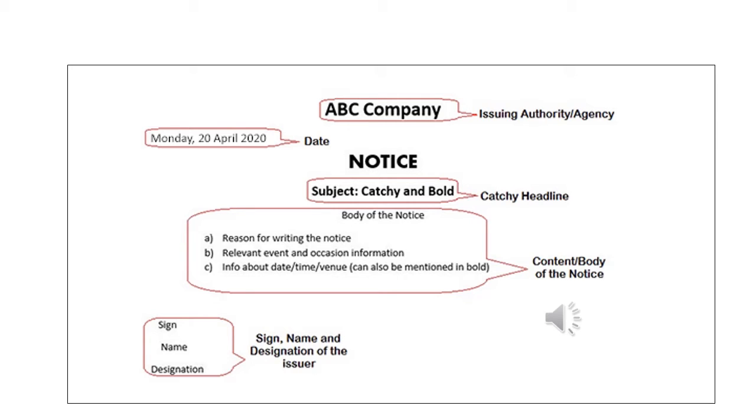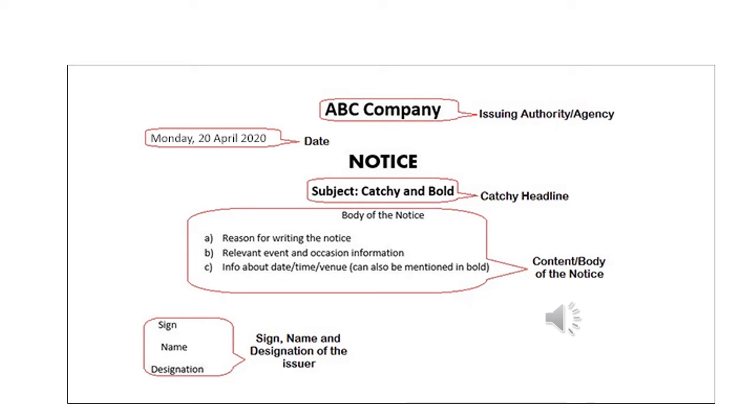In the body, as you can see, you can divide the content of the notice into 3 categories. First of all, the reason for writing the notice. You should know why you are writing the notice, the purpose of the notice writing. Then relevant event and occasion information should be given in the body.